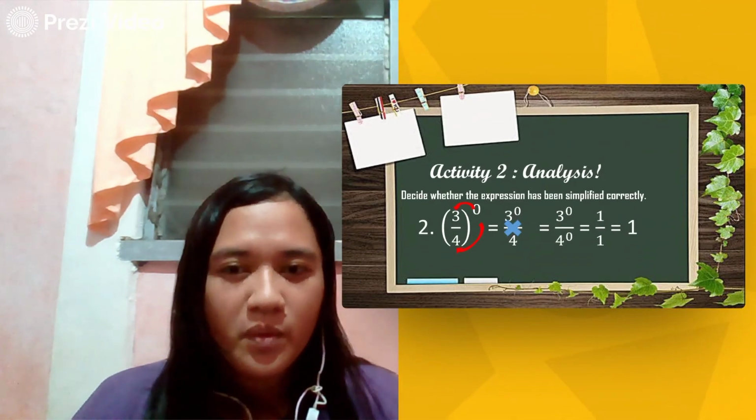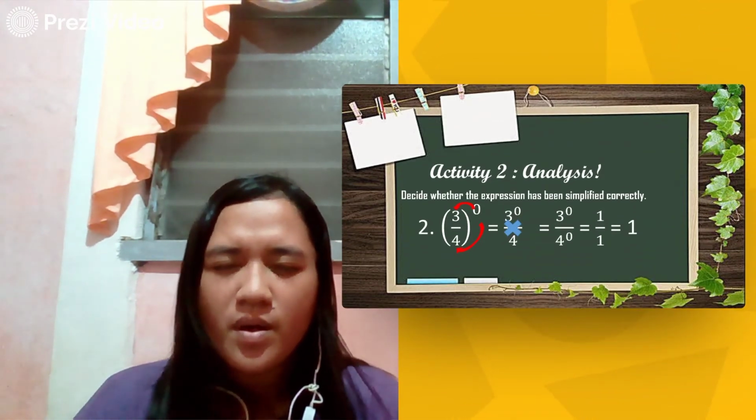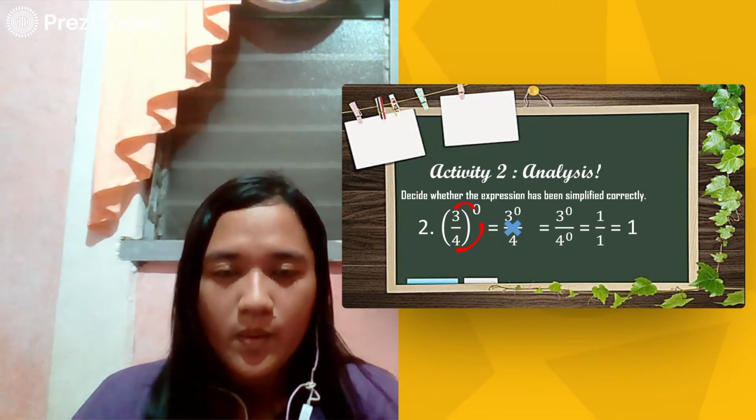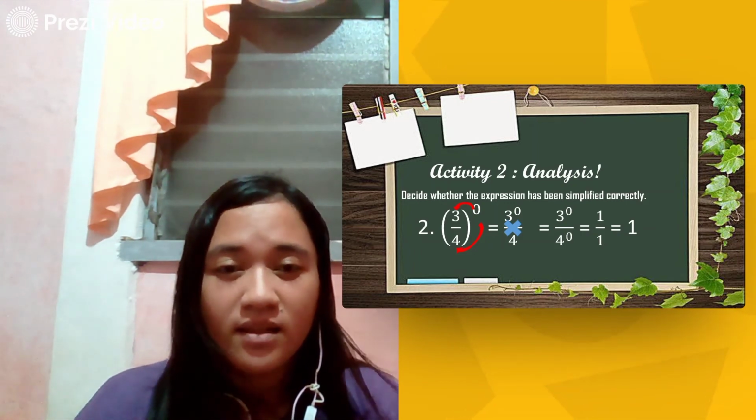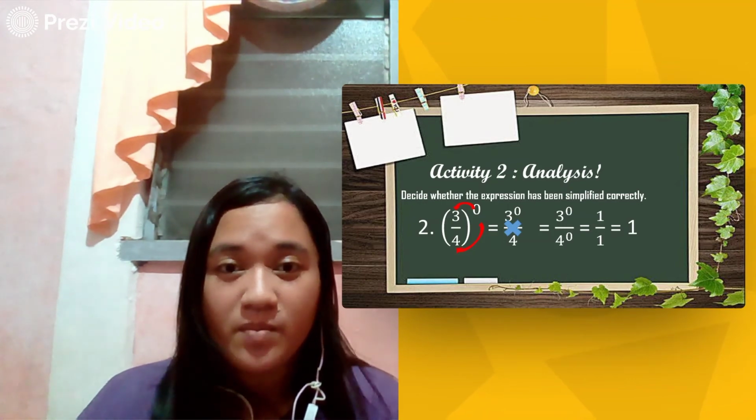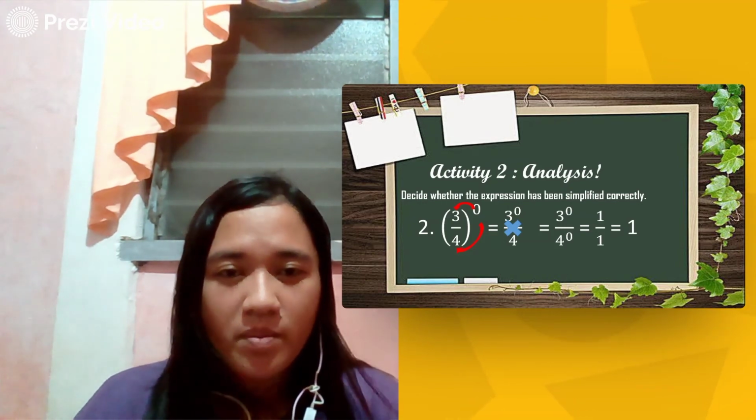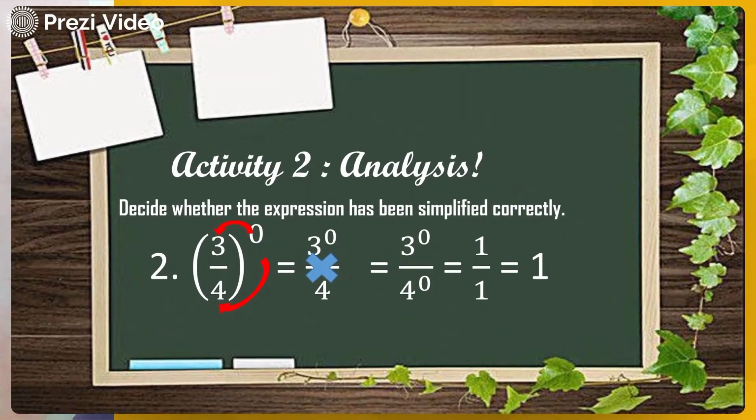So, dapat memorize niyo or remember good na ang mga rules sa exponent. So, like this, dili ra ang 3 ang nakanang exponent sa 0. So, this is the proper 3 raised to 0 over 4 raised to 0. Diba? Any number that has 0 exponent, except 0, where the base must not be 0, is equals to 1.